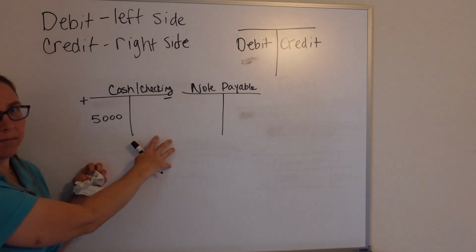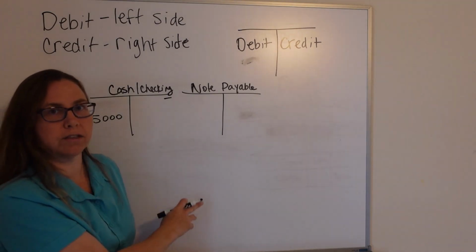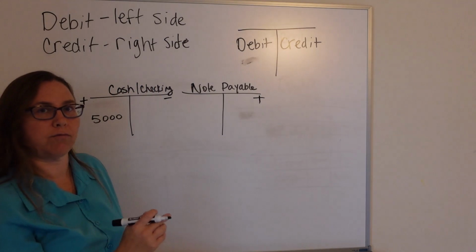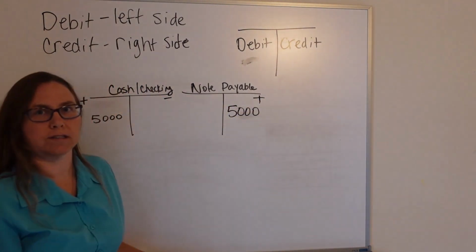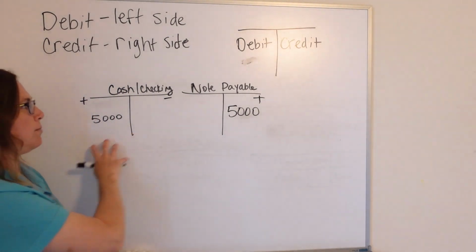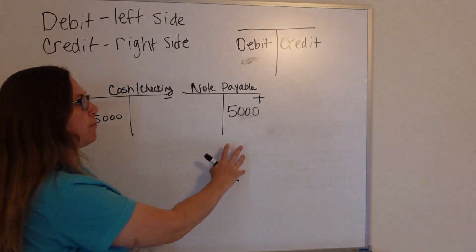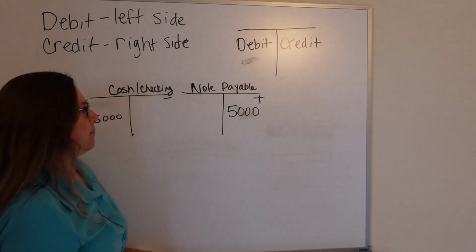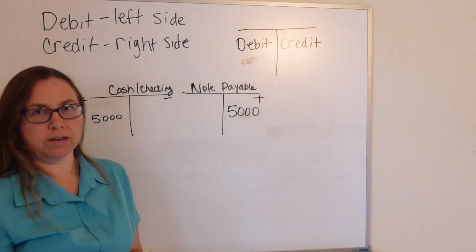If you're going to pay something, it would be a credit, okay? And then the note payable account, this is a debt, so you show increases to debt with a credit. So it would go on this side, the credit side. So you've got one debit, one credit. So anytime you add to debt, the rule is you're going to do a credit.